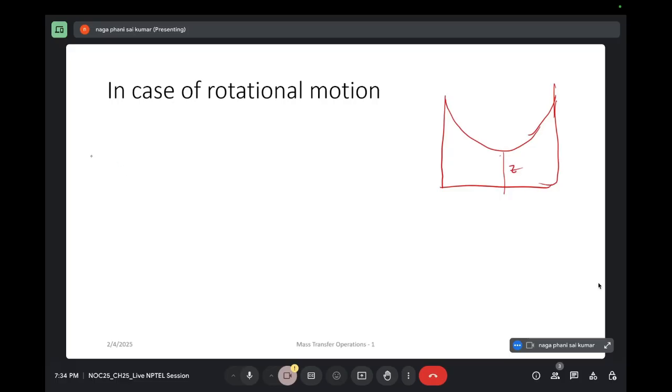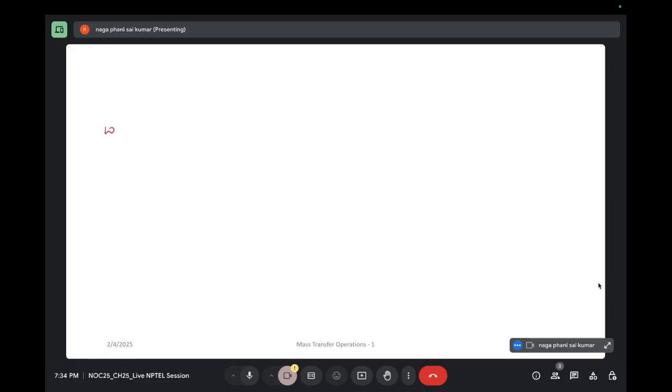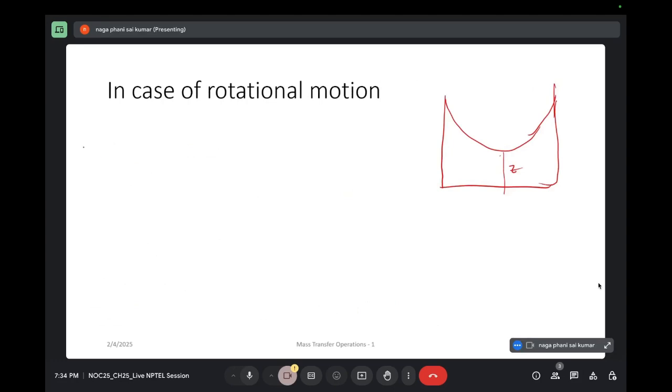Okay, if it is moving at a constant angular velocity of omega, and let's say if phi is the angle formed by the free surface and the horizontal direction, then tan phi will be equal to mr omega square by mg, that will be r omega square by g, and also tan phi will be dz by dr as well.